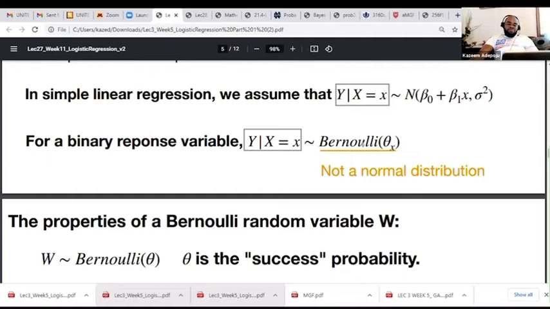The Bernoulli is a probability distribution of a discrete random variable, and it applies when the random variable is dichotomous. Dichotomous means it can take two possible values, and our response variable takes two possible values, and therefore we make this assumption.